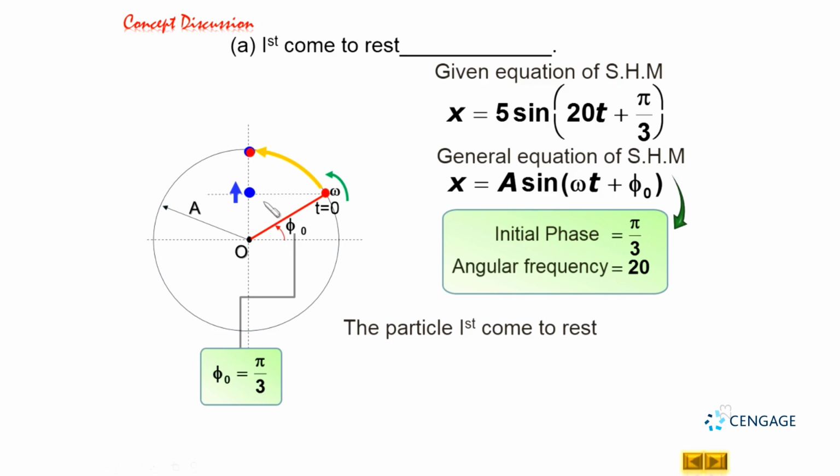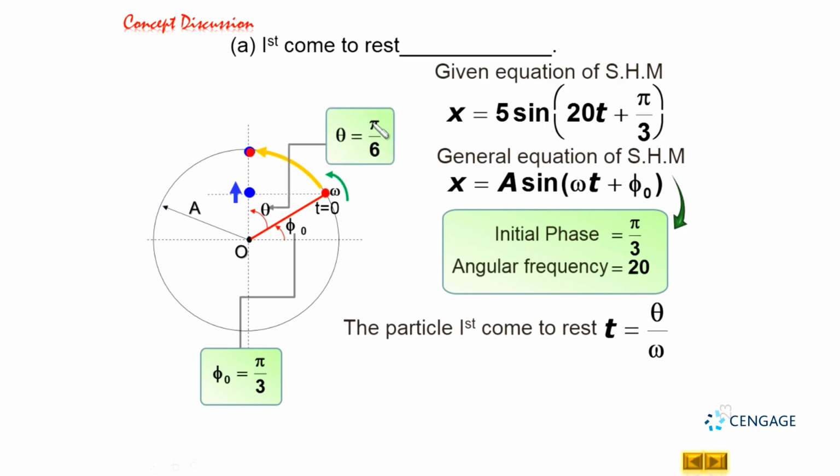That means the angle corresponding to this arc should be equal to π/6, that is θ. Because the particle is rotating with a constant angular velocity, the time to rotate this arc is t = θ/ω, and θ is equal to π/6.